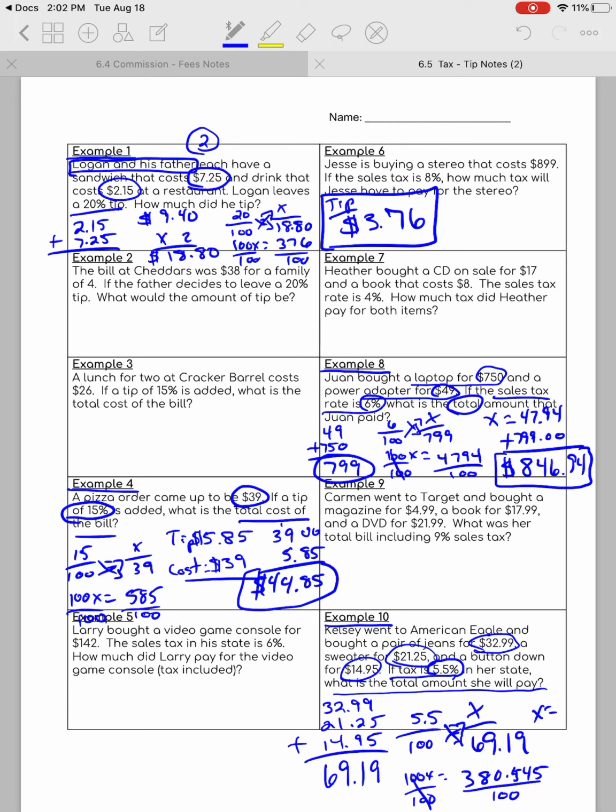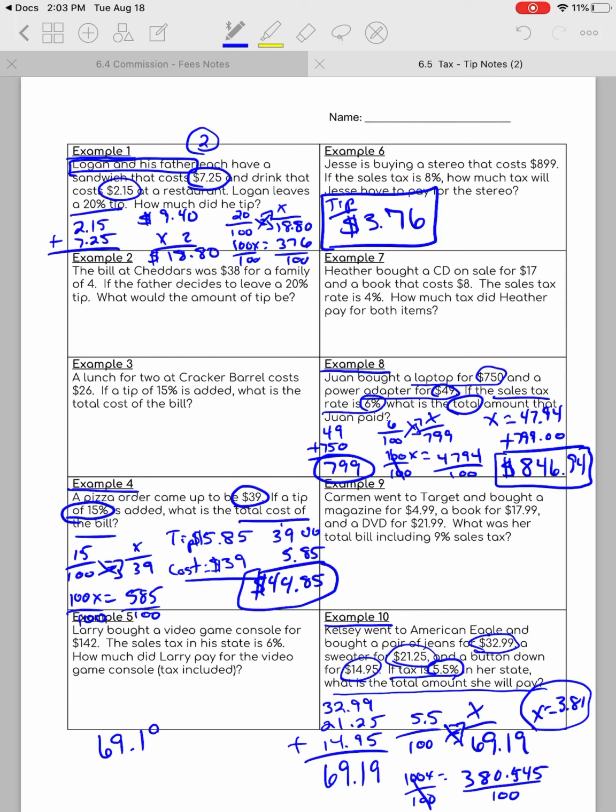I'm running out of room here. X will equal $3.81. Let me rewrite that. I don't really like the way that's written there. So $3.81. Now can we find the total?